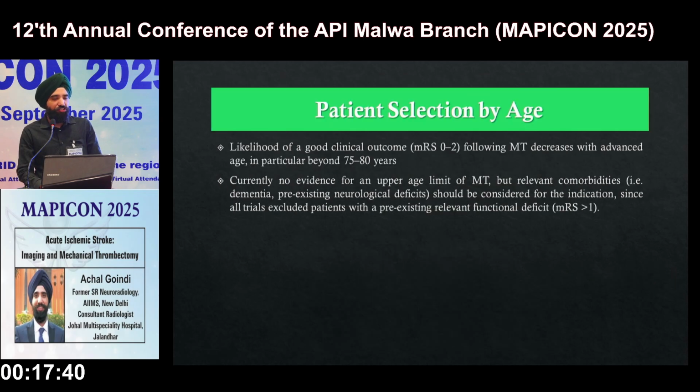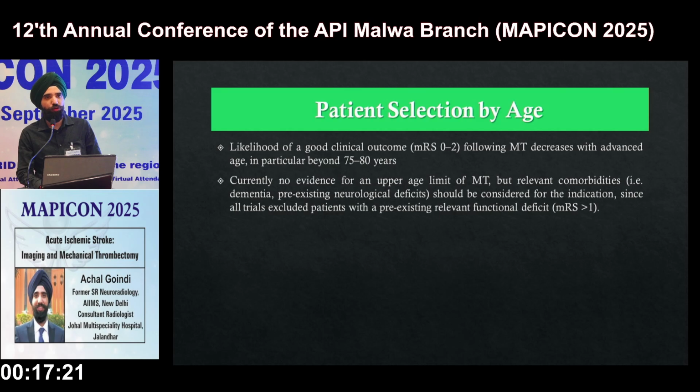Then what about age? Which patients of what age should be having treatment? There is no such cutoff for mechanical thrombectomy perhaps. Medical treatment we won't be getting too much into because it is basically dependent on time.